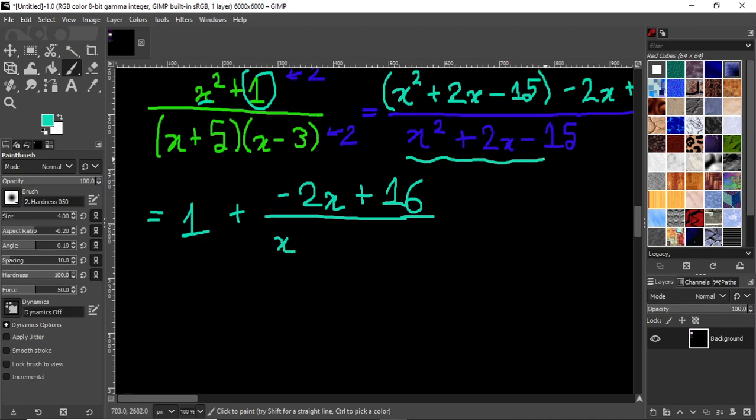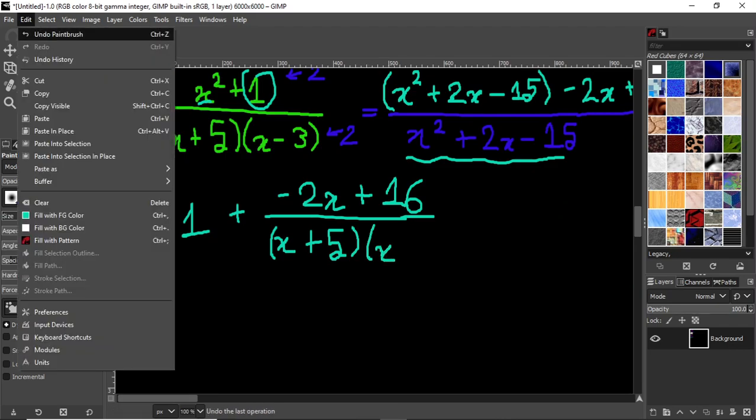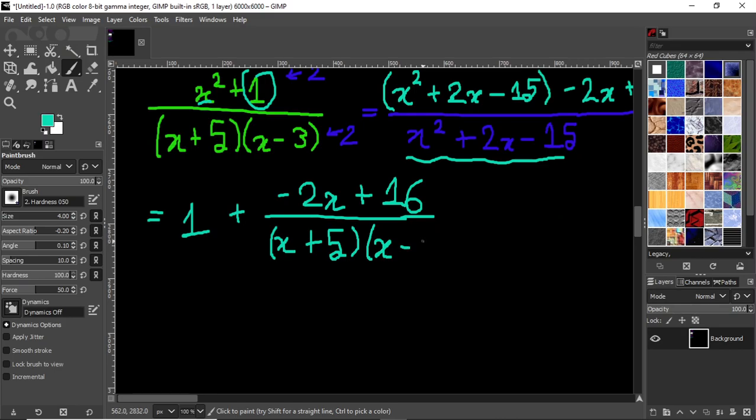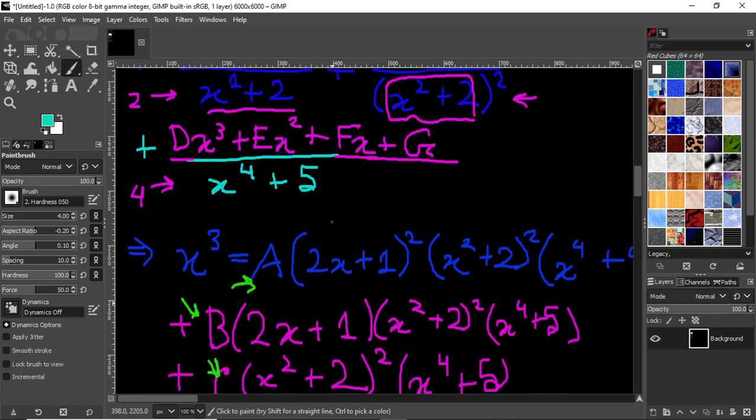Well, now there's really no more purpose for this expanded form, so I'm going to revert to the factorized form, which was given in the question. And you see that, so that's step 1 done.